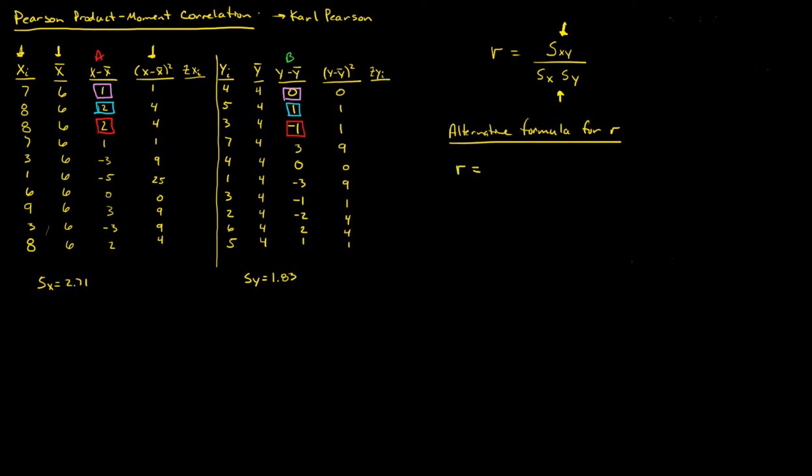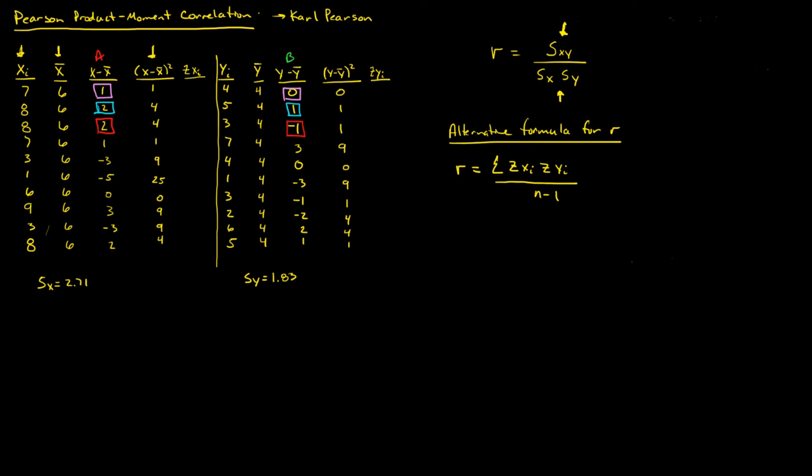R equals the sum of the z x sub i scores multiplied by the z y sub i scores divided by n minus 1. We have 10 total paired observations, so 10 minus 1 would be 9. So we already got that one figured out.